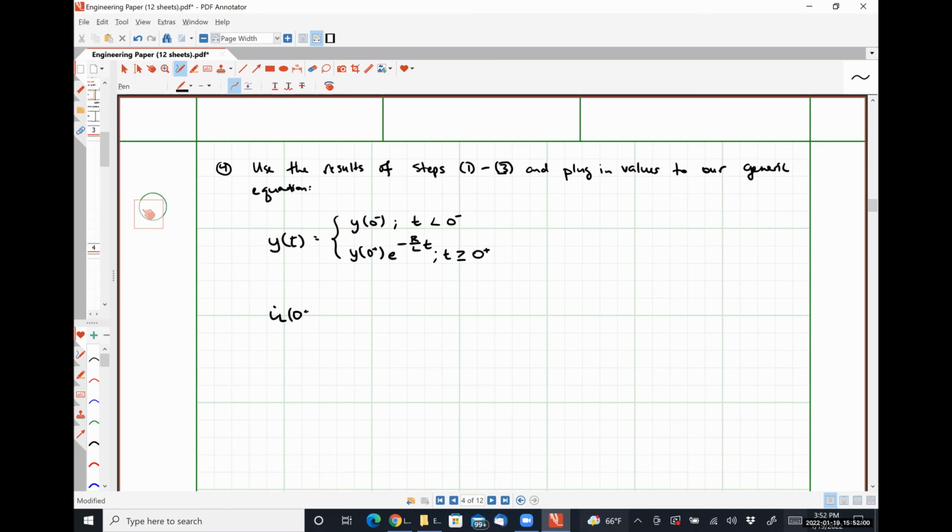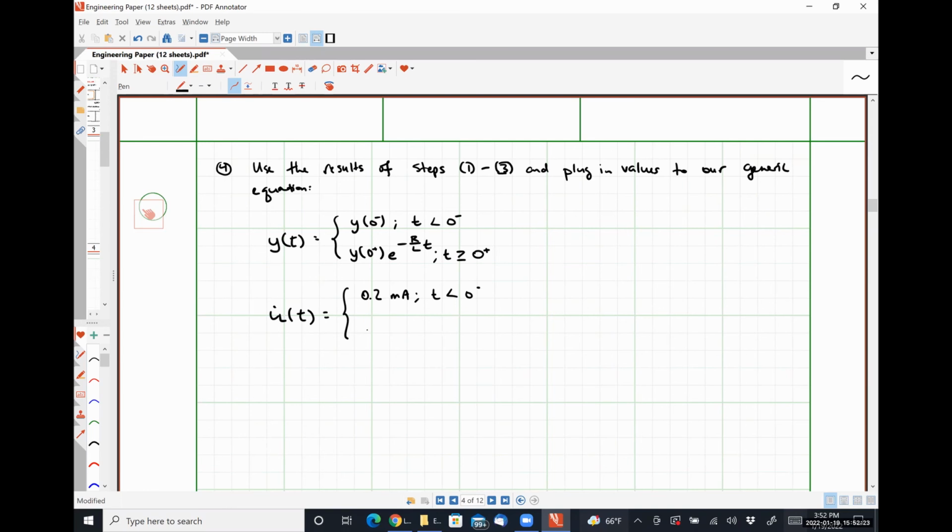IL of t will look like 0.2 milliamps for t less than 0 minus, because that's the value it had at t is equal to 0 minus.